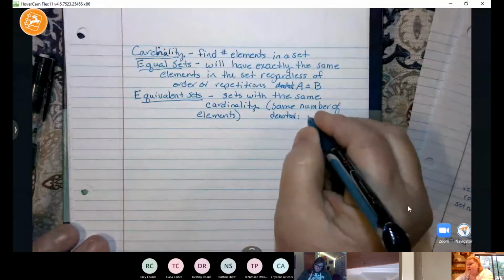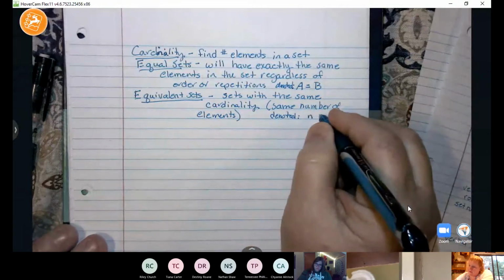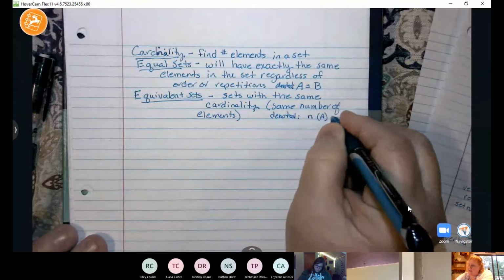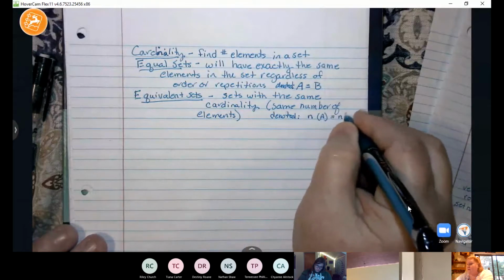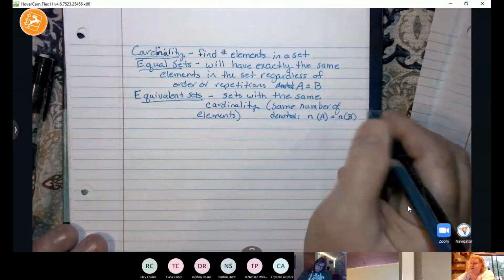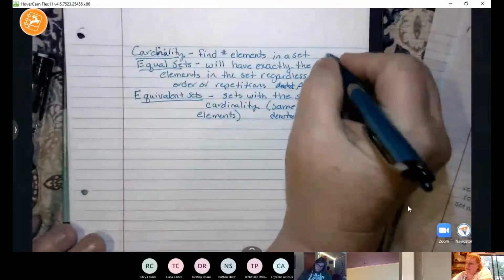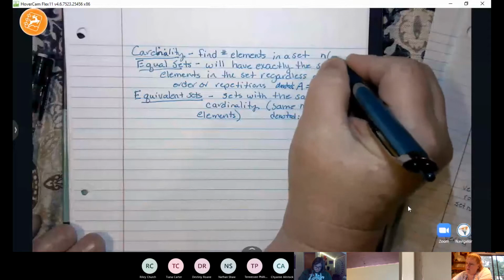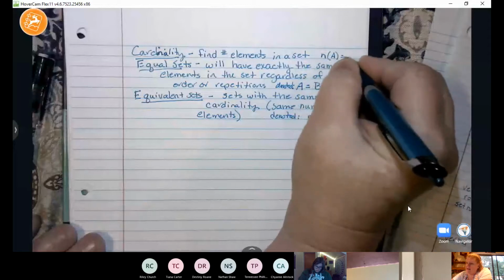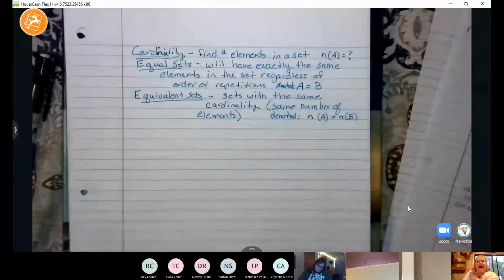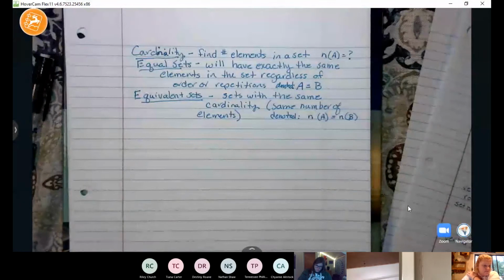So we say the number of set A can equal the number of set B when we talk about being equivalent. When we're talking about cardinality, we say the number of set A, and we would find a value for the number in set A.